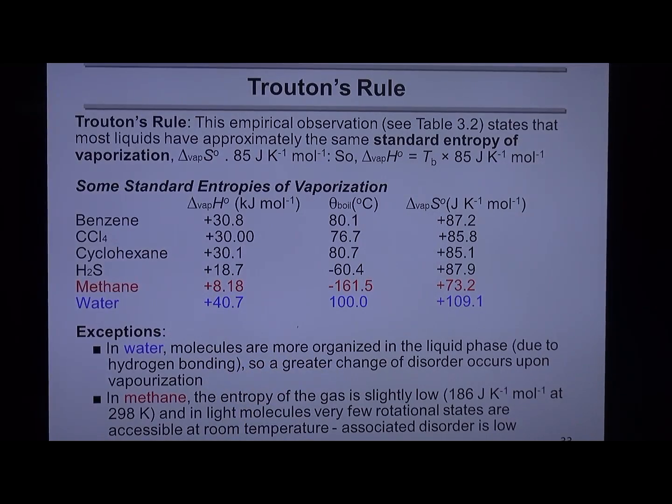They are totally symmetric, right? So this entropy of methane is relatively smaller than other materials because of that symmetric structure. So associated disorder in the gas phase is lower than other materials. That's why entropy change during vaporization is smaller than other materials.